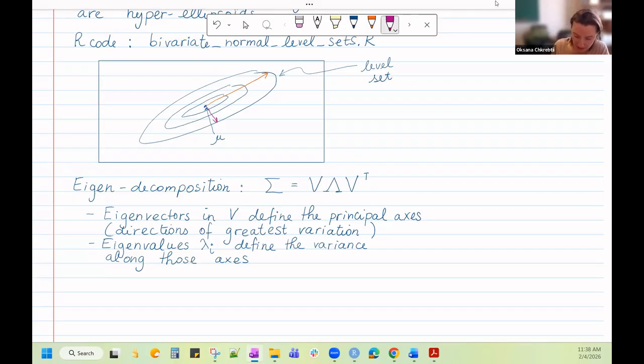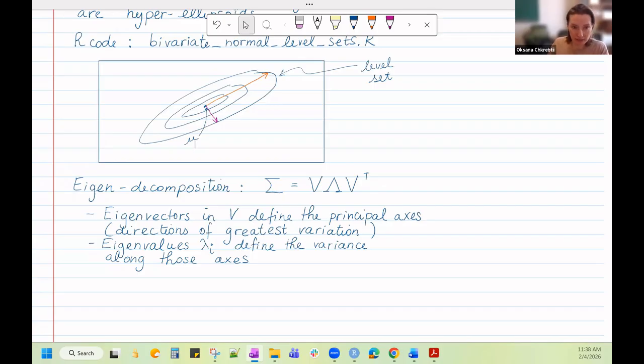So you can see the principal directions of the variation. So now we see how these parameters can be interpreted in terms of the geometry of the multivariate normal distribution. Okay.